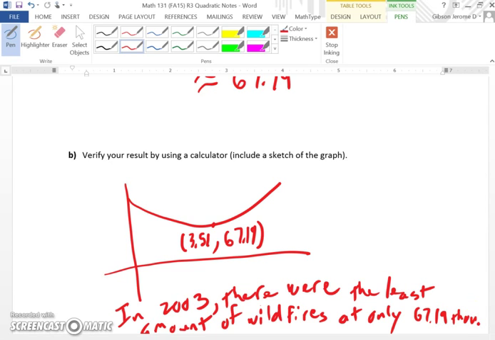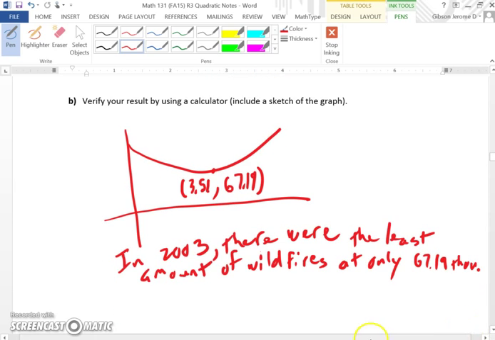I'm going to abbreviate 1,000 because I ran out of space. Now that seems like a lot of wildfires to me, but I guess in comparison to other years, it's only. Now, are there any questions on anything we've done on this page here?